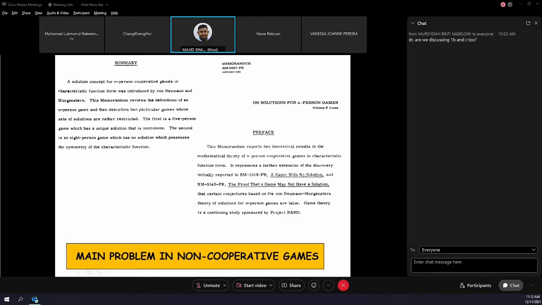The memorandum reports theoretical results, the mathematical theory of n-person cooperative games, from Sir John Nash's paper. A lot of papers came out using his idea with the Kakutani theorem, and combining both methods they did it for a lot of games, and they found some of the games have no solutions.